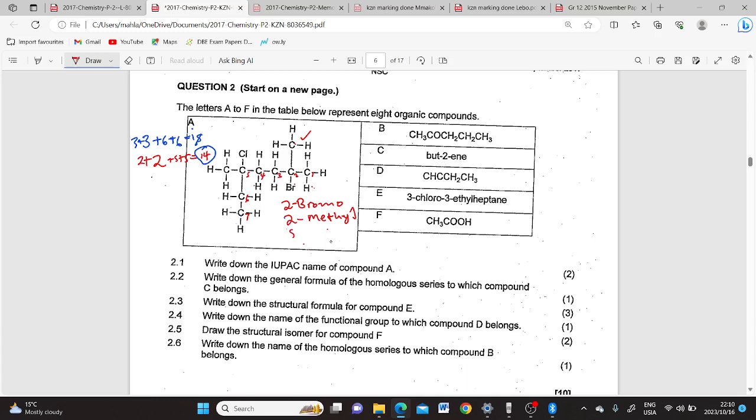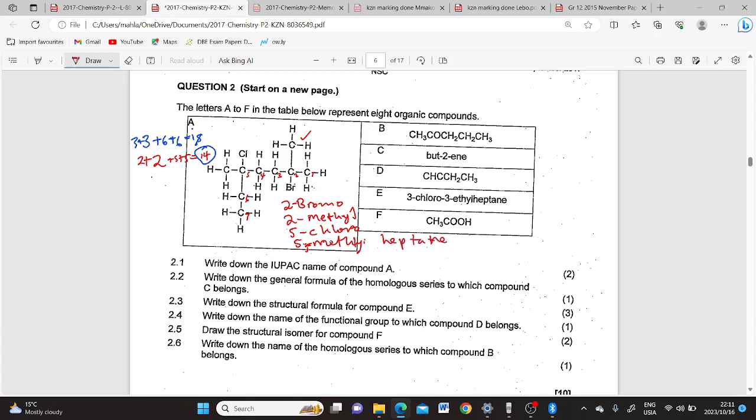At 5 we have a chloro, and then at 5 again we also have a methyl. So the name up to 7 is heptane.